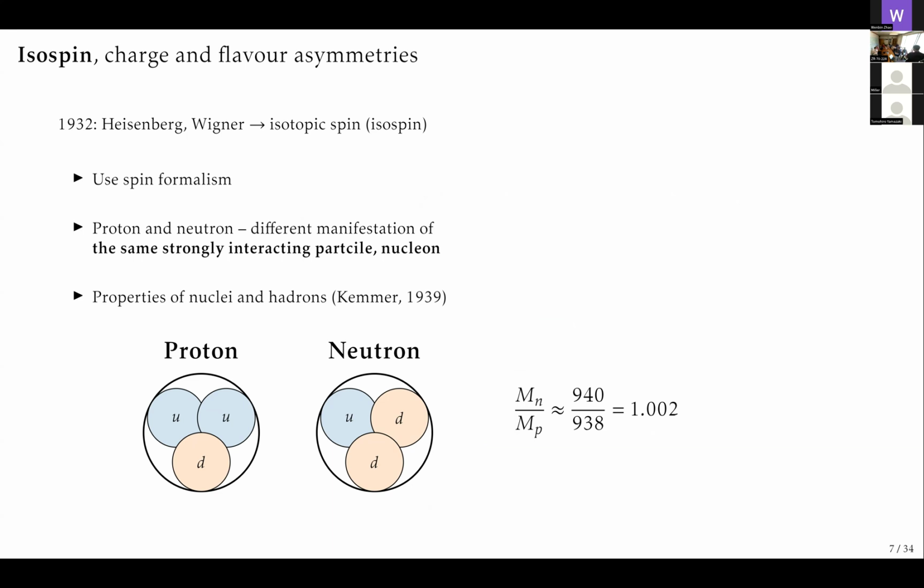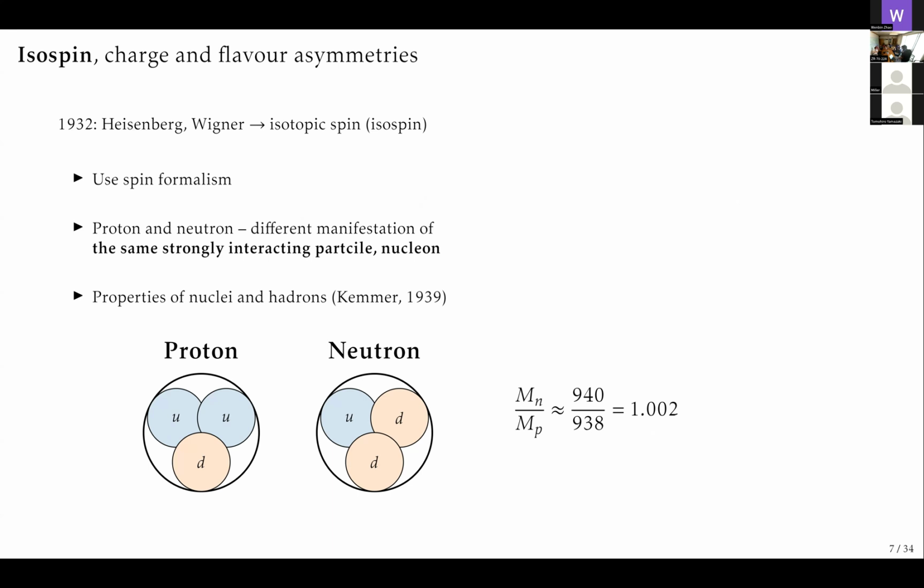From the point of view of strong interactions, we can treat protons and neutrons as the manifestation of the same object, but with a different isospin. This property can be assigned to both nuclei and hadrons. And we see that the ratio of masses of those two objects is almost one, they're almost identical.